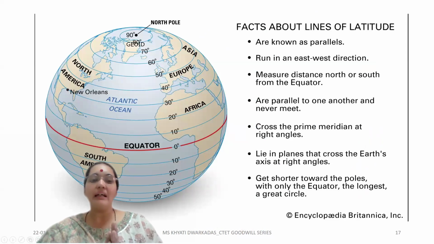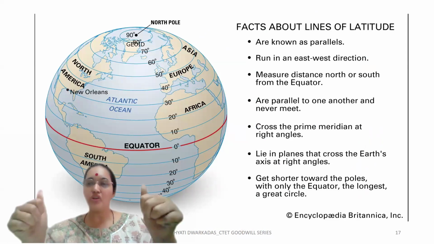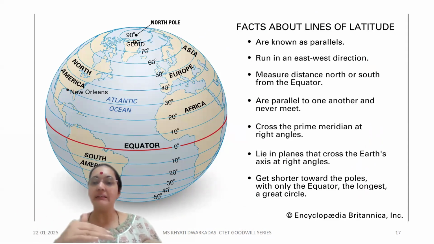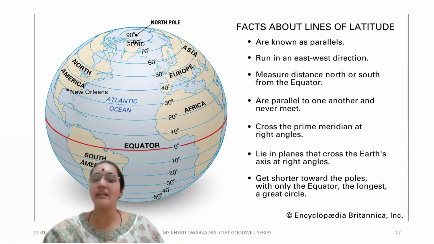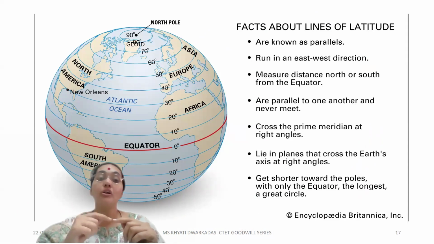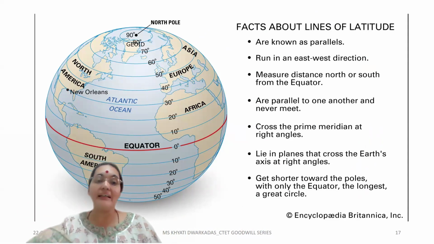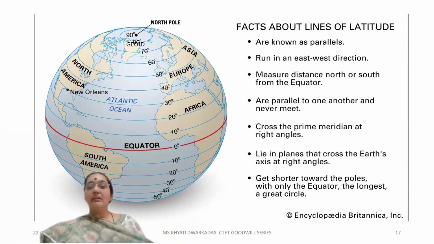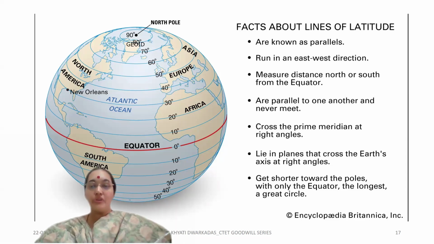Now, facts about latitudes. A quick recap of what we know. Latitudes are firstly imaginary lines. They are parallel, will run in an east-west direction. They measure the distance north of the equator and south of the equator. Therefore, they are called latitudes.